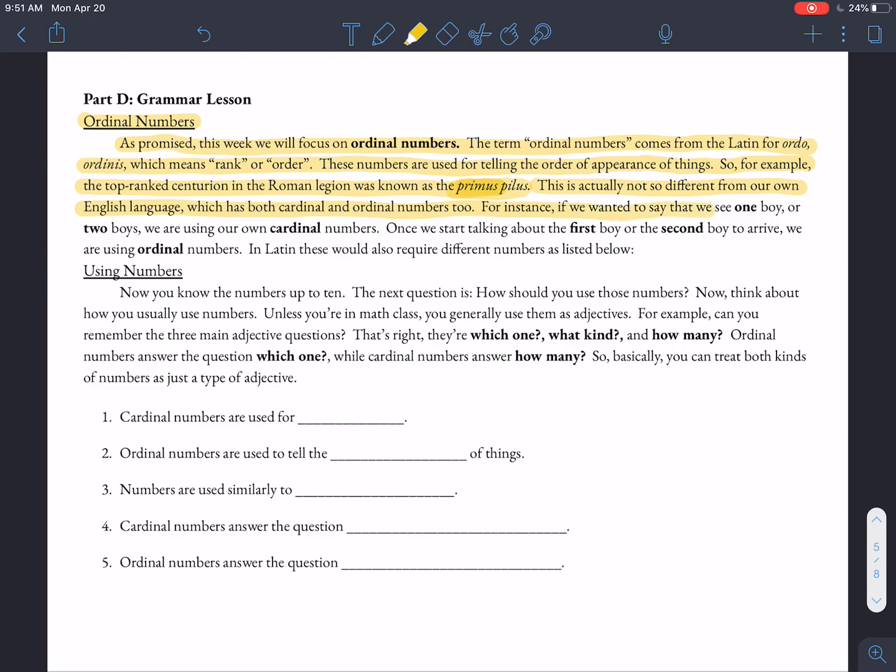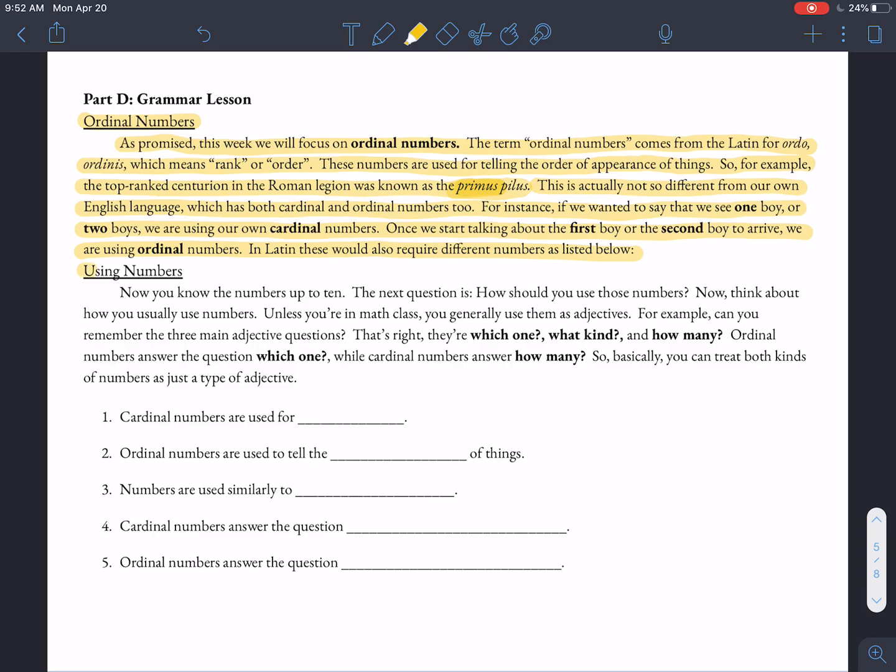For instance, if we wanted to say that we see one boy or two boys, we're using our own cardinal numbers. But once we start talking about the first boy or the second boy to arrive, we're using ordinal numbers. In Latin, these would also require different numbers as listed below. Don't worry about that, we're not listing anything, but just so you know, we do use cardinal and ordinal numbers in English. That'll make it a little bit easier to understand too.